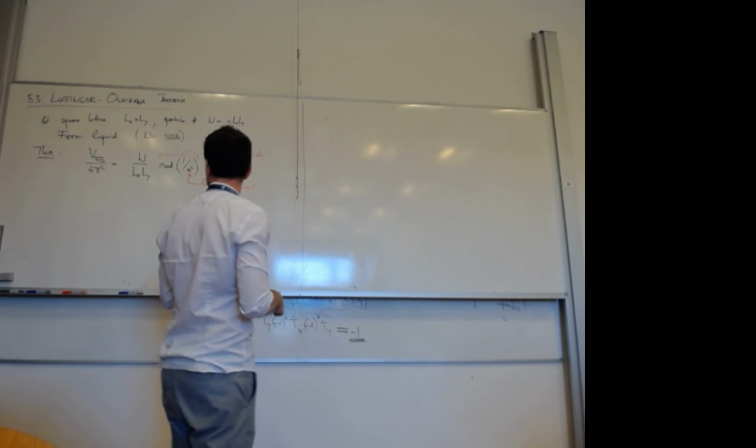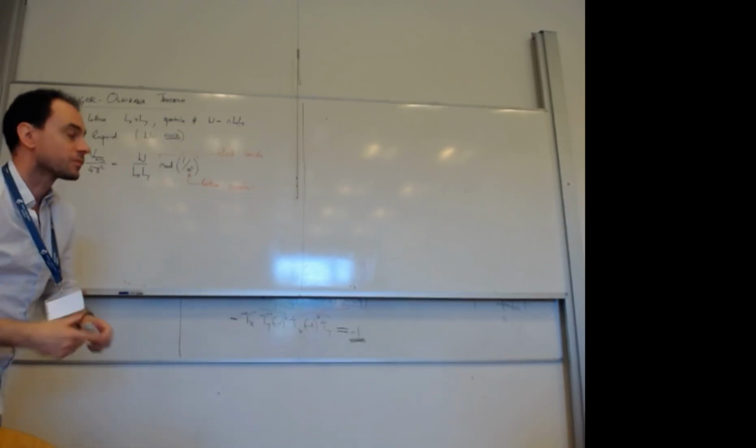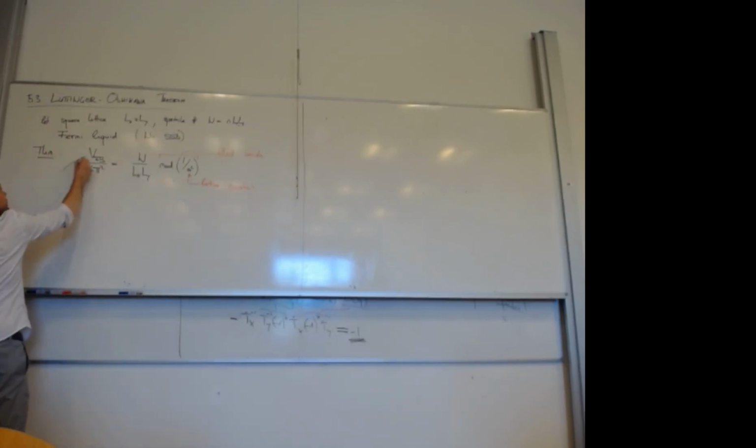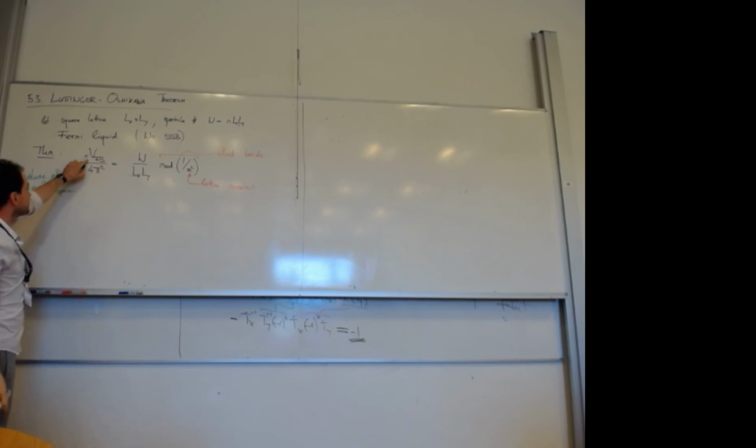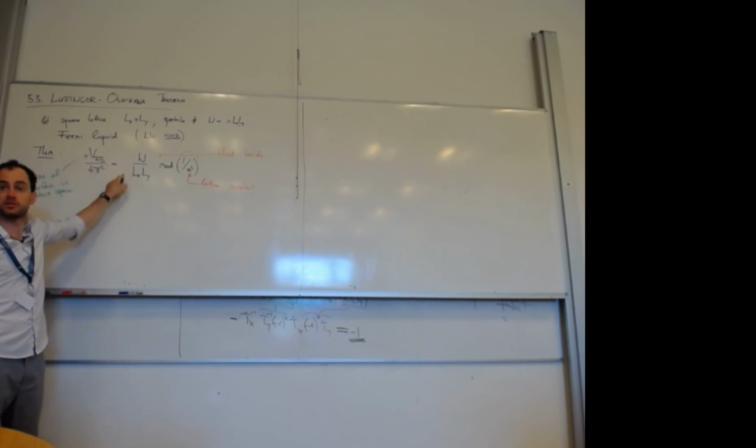VFS is the volume of the Fermi surface in momentum space. So this has dimensions 1 over length squared, and this is 1 over length squared.